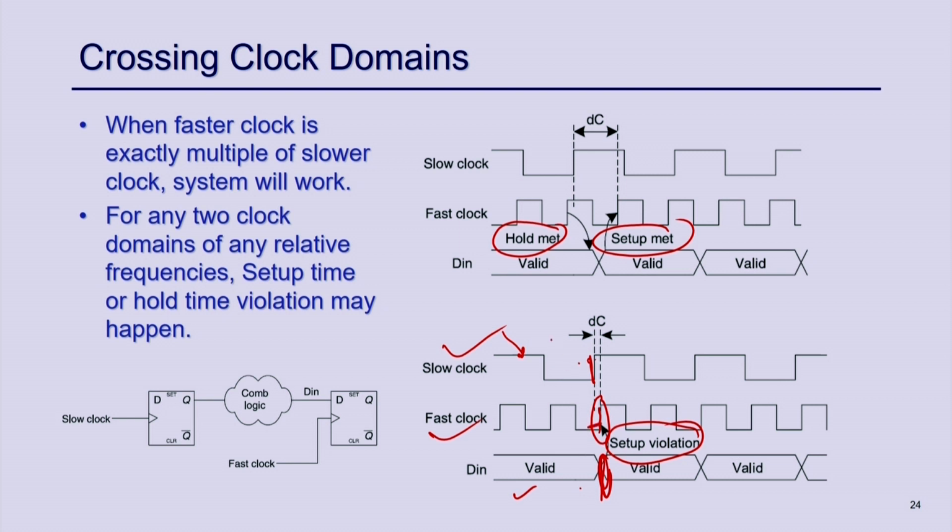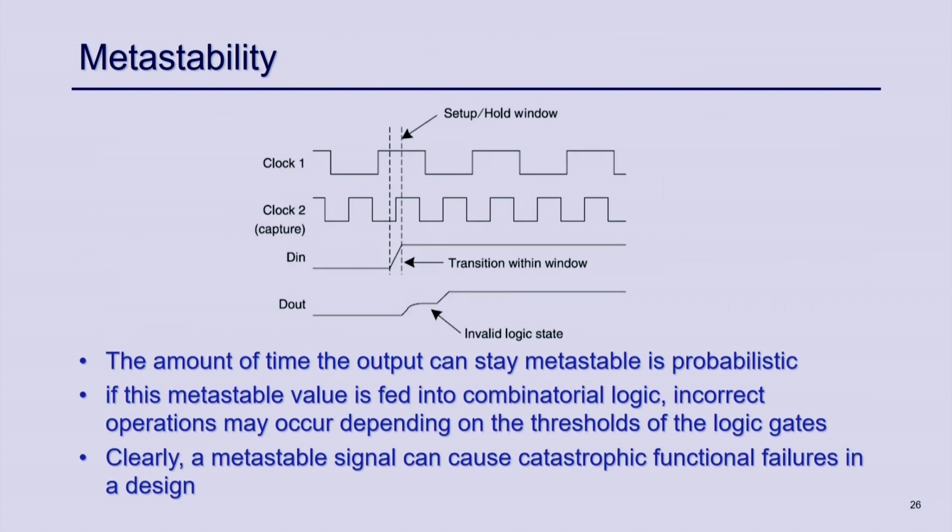This data is coming from the clock 1 domain, which is the slower clock, and it might change based on the positive edge of this clock, and at that moment this clock may also be changing. That will create a hold time or setup violation, right, and that is a serious issue, and because of that your data will become metastable.